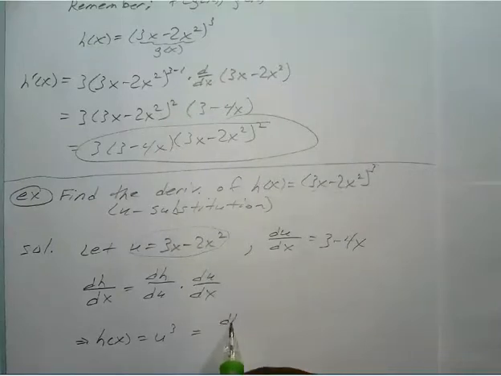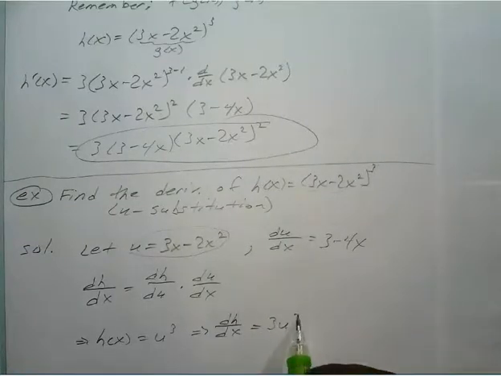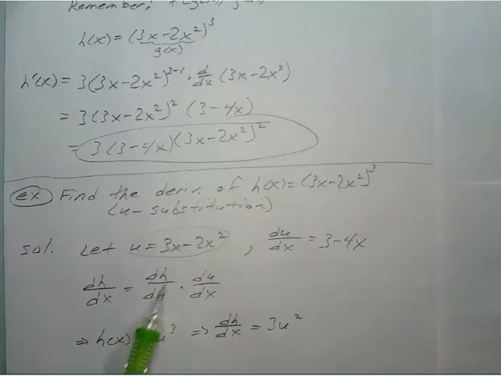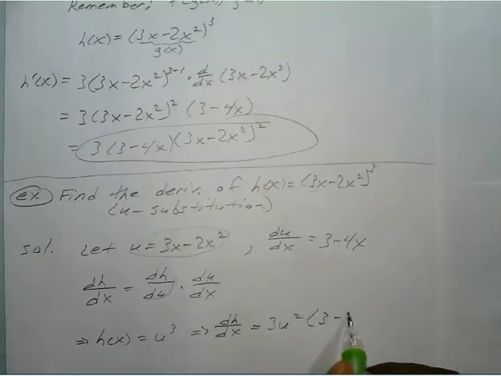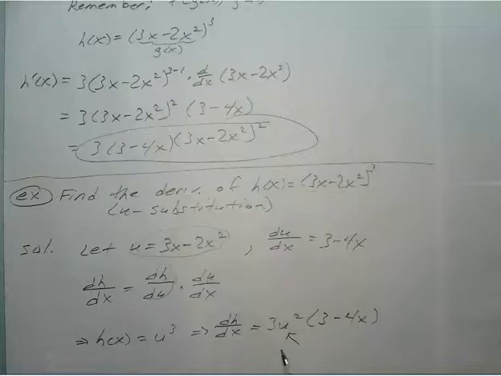Okay, so the derivative of h with respect to x is equal to 3u² times the derivative of h with respect to u times the derivative of u with respect to x. The derivative of u with respect to x is 3 minus 4x.